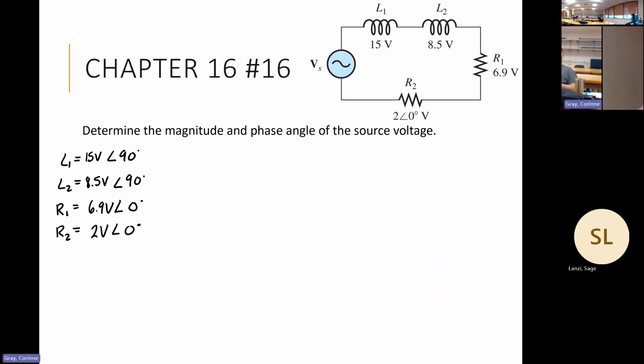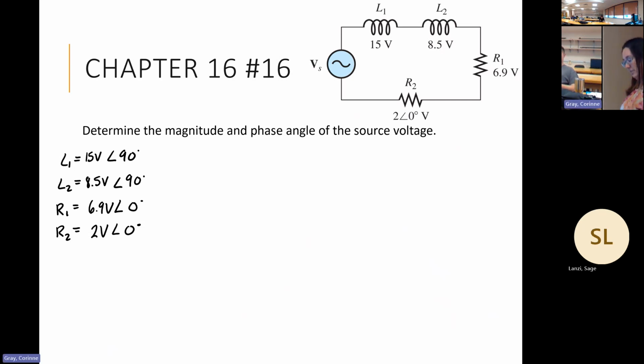do I want to use these to help me solve for the voltage magnitude and phase angle for the source? Probably not the best method.